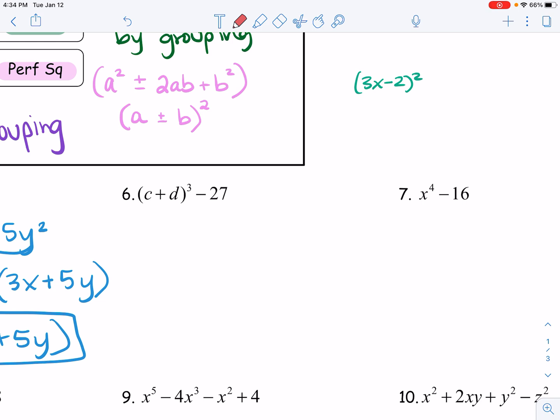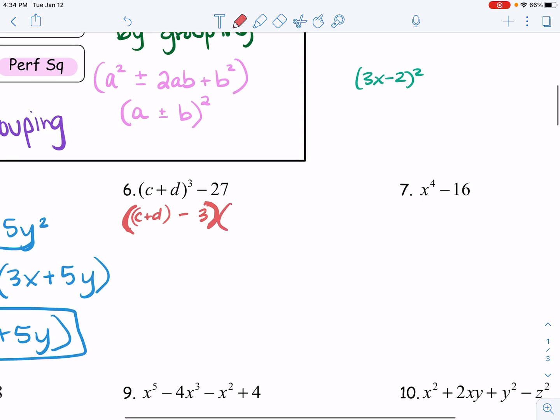So I'm taking the cube root of the first thing I see, and that's just c plus d. Minus, what's the cube root of the last term? 3. So here's my binomial that I'm working with. And what do I do to that binomial? I square the first term.